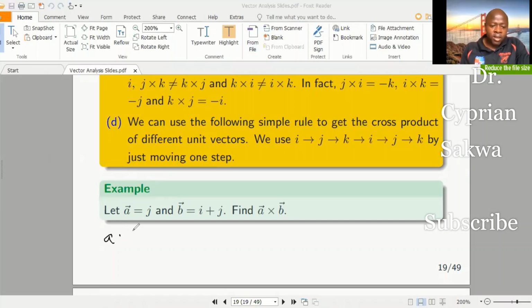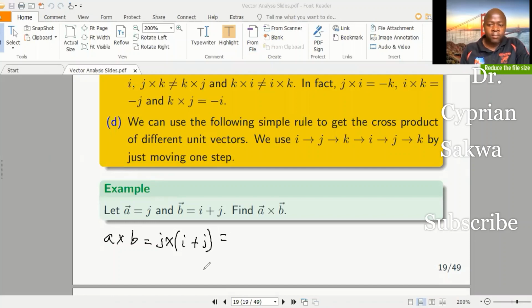We need R cross B. This will be given by R is J, cross B, and B is I plus J.